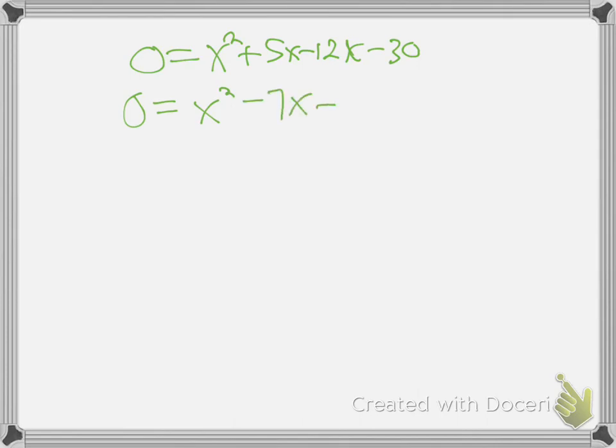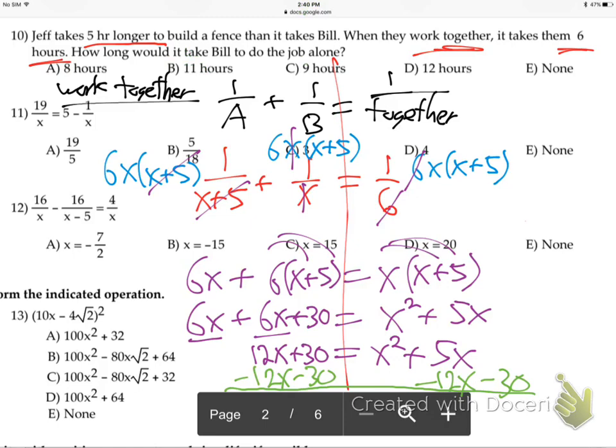X squared plus 5x minus 12x would be minus 7x, huh? Minus 30. So it'll be 0 is x squared minus 7x minus 30. We okay with that? Everybody good to there? This one's a mess.